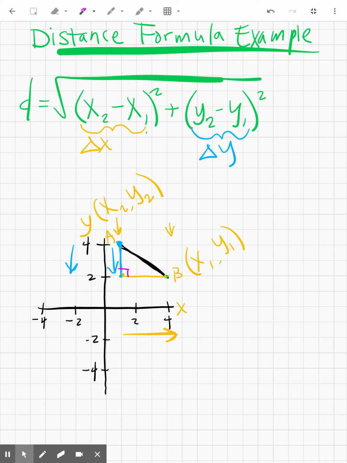Another thing I wanted to point out is that the distance formula is essentially the same thing as the Pythagorean theorem. It's just in disguise. So we could also say Pythagorean theorem can help us solve this, because Pythagorean theorem is looking at your change in x, right? The length of the change in x, which we could call side A, and the length of side B, your change in y.